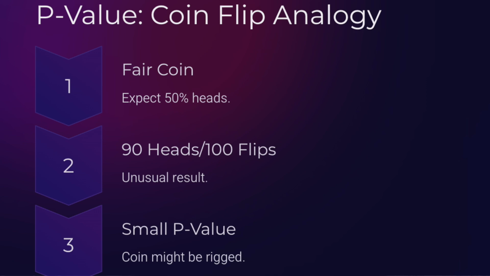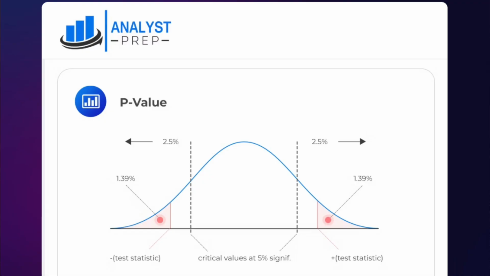Now if this p-value is low enough, we can confidently say that it is very unlikely that such an extreme value will be observed because of chance, and hence we can reject the null hypothesis.